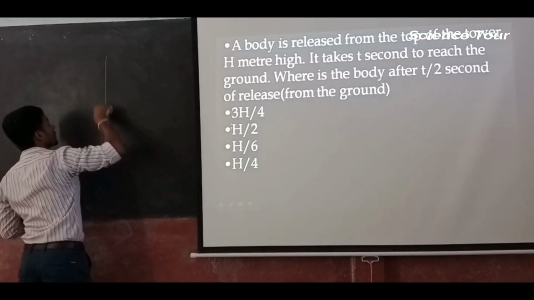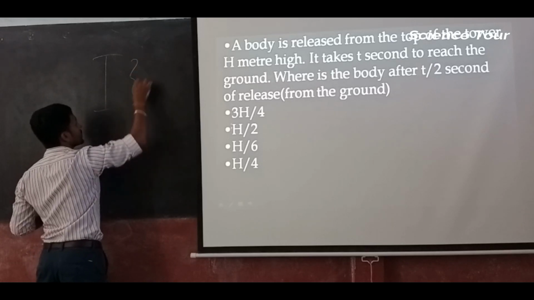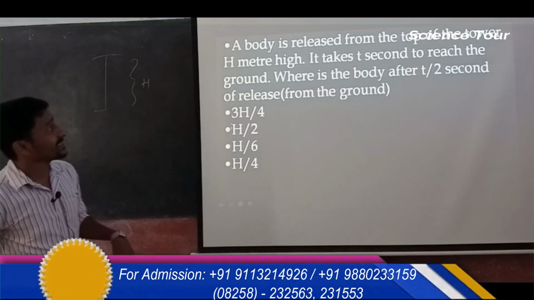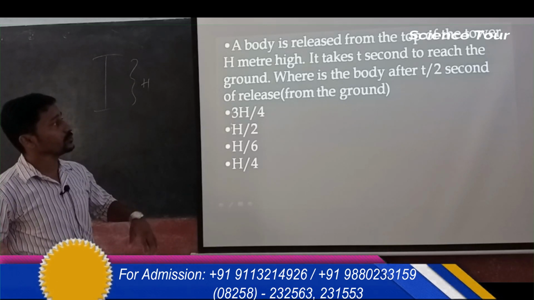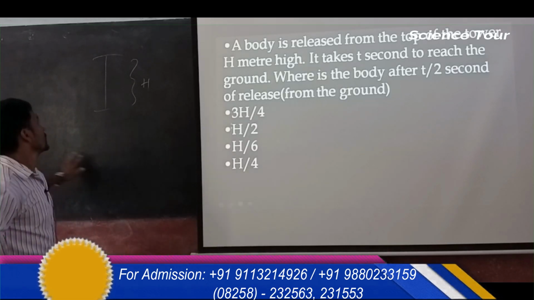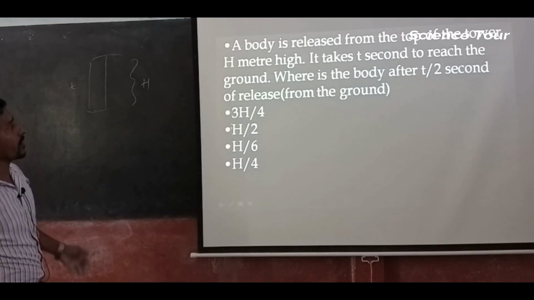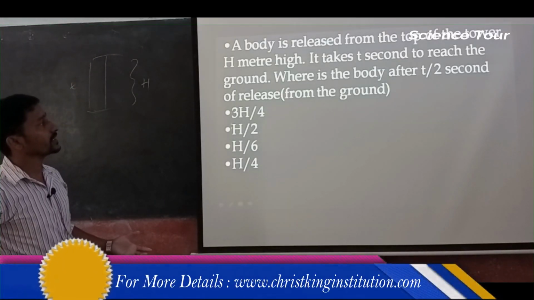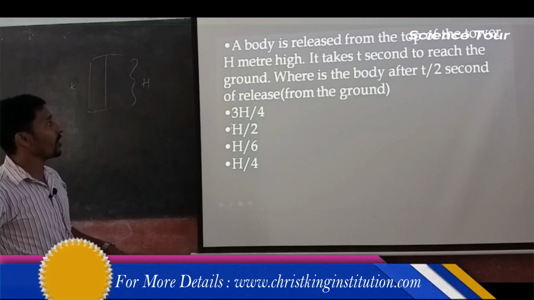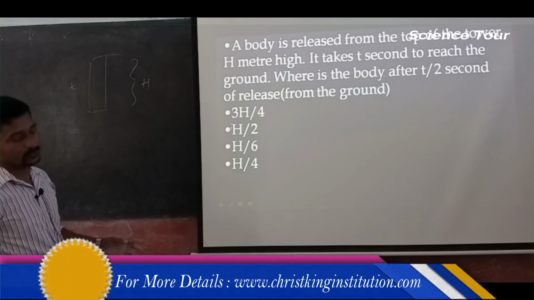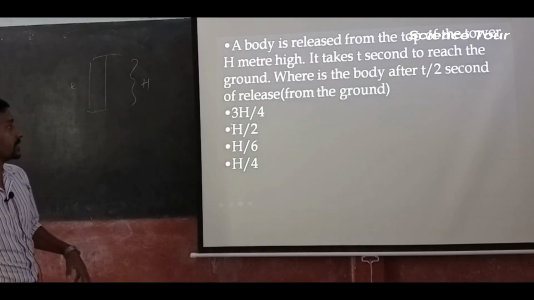The top of the tower is there, whose height is h meter, and it takes t seconds to reach the ground. Where is the body after t by 2 seconds of release?